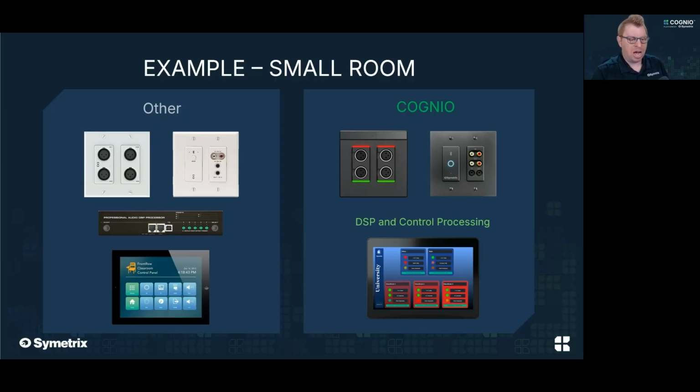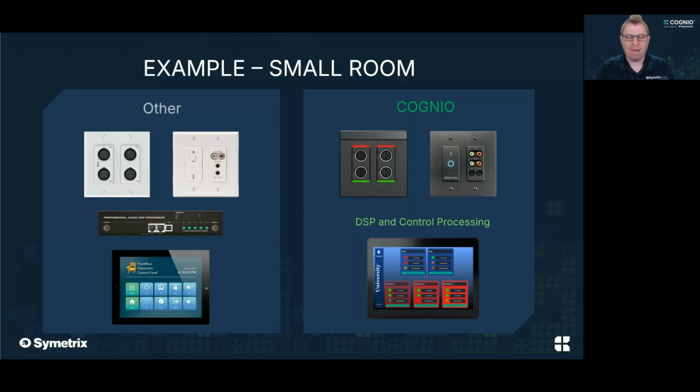And so in Cognio, we move that processing out of a dedicated product and into one of the other Cognio products, in this case, the touchscreen. For a small room, there's plenty of processing in the chips that are inside of our touchscreens.